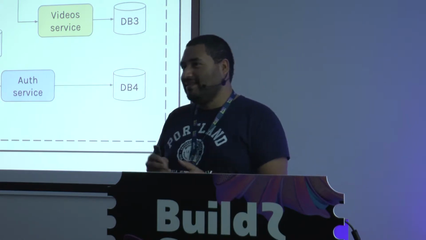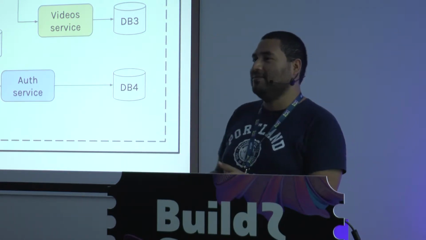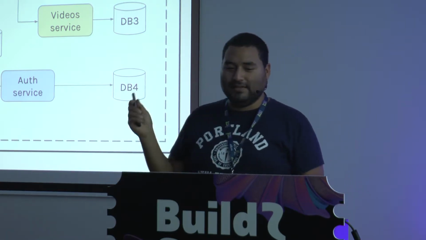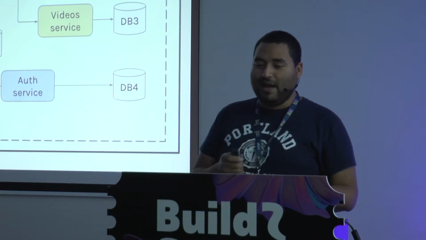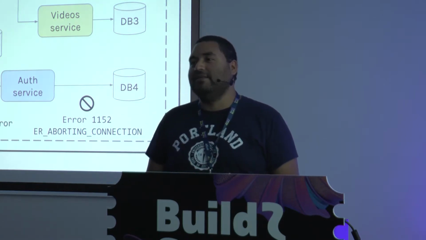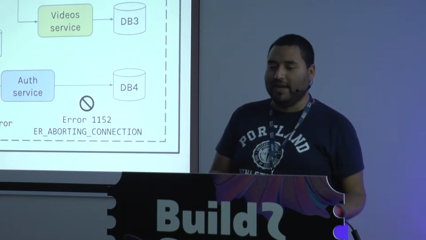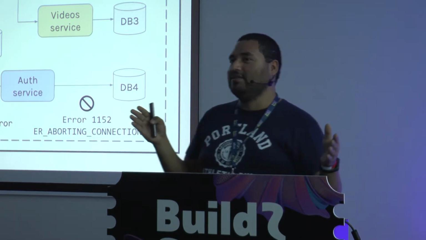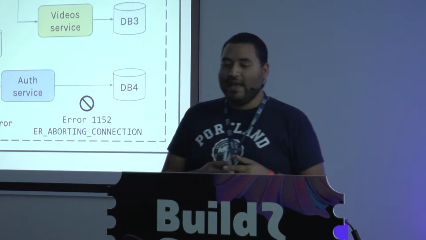So let's keep this parallel situation with the previous distributed system, so we understand it better. Let's say now we have a bigger error in the authentication service. We have an aborting connection error, right? 1152 error.